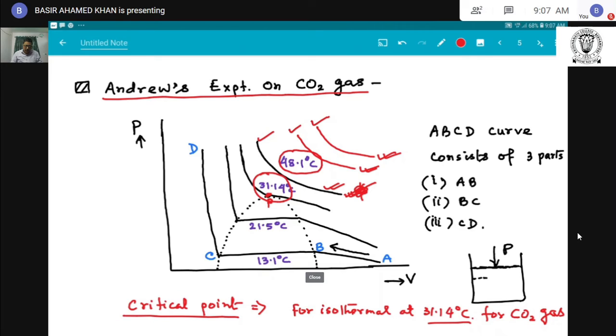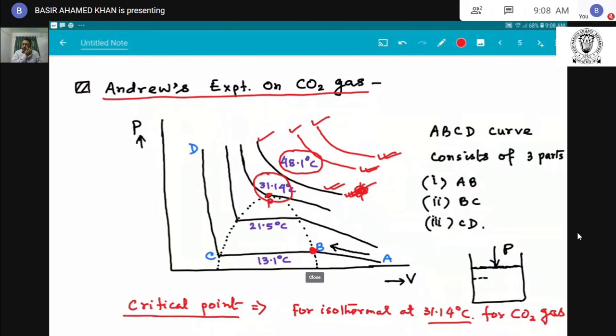That means if I consider the curve ABCD, at the point B the gas turns into liquid, that means vapor, and if I increase the pressure, the vapor changes to liquid.